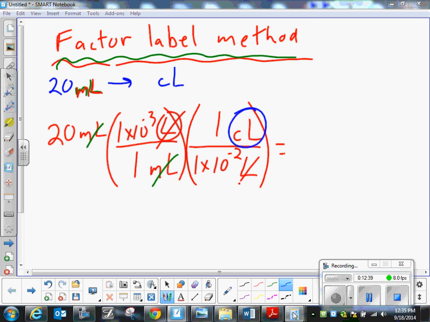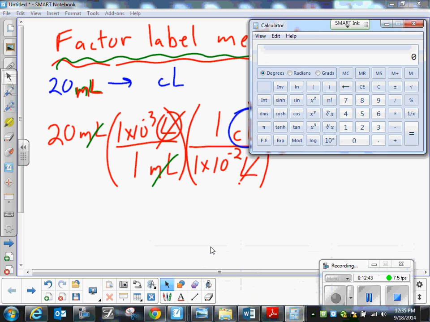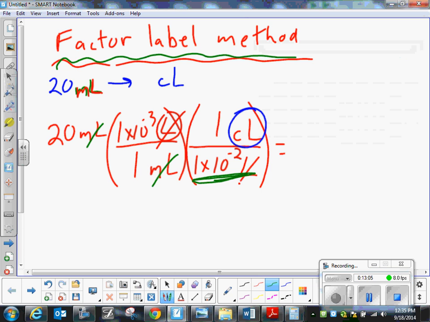So now I do the math with this, and I can see that I push 20. I go to my first number, it's times, because it's on top, times 1 exp negative 3, and I push equals. Okay, so I'm done with that part, and now I go to my next number, and that number is on bottom, so I'm going to have to divide with the calculator.